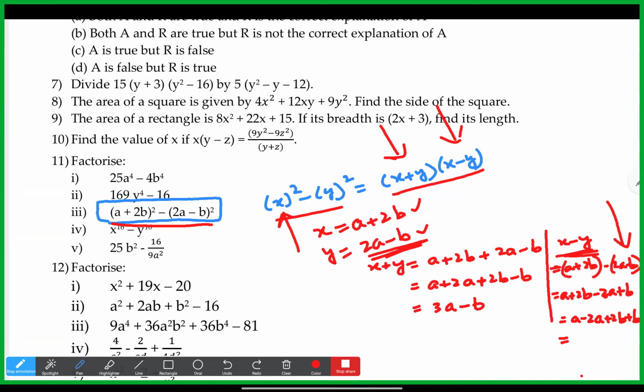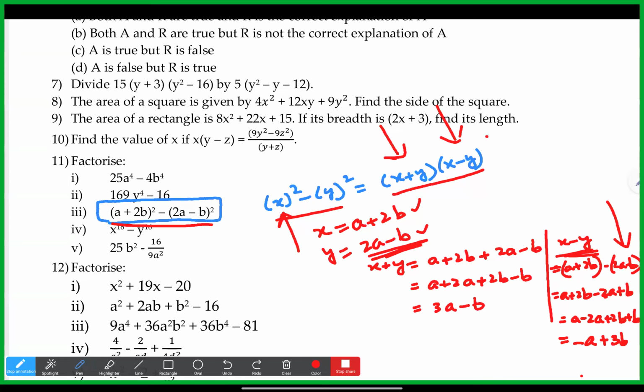A minus 2a is 1 minus 2, which is how much, Maisha? Subtracting a bigger number, it is minus 1. So it is minus a, since minus 1a means minus a only. Plus 2b plus b is 3b.